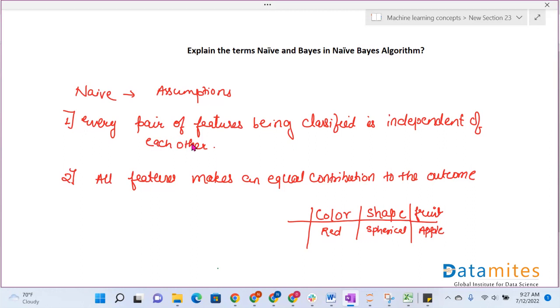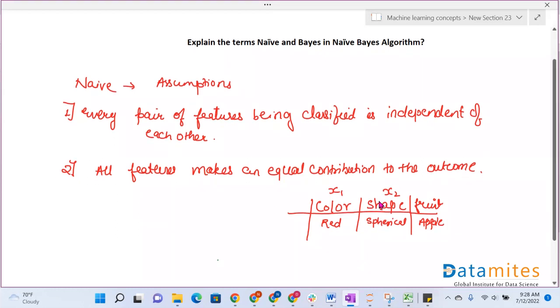Our first assumption says that all the features, this is the first feature and this is the second feature, are independent of each other, meaning color has nothing to do with shape and shape has nothing to do with color. And the second assumption is that all the features make an equal contribution to the outcome, so all the features are equally important. This is why the name naive is given to this algorithm.